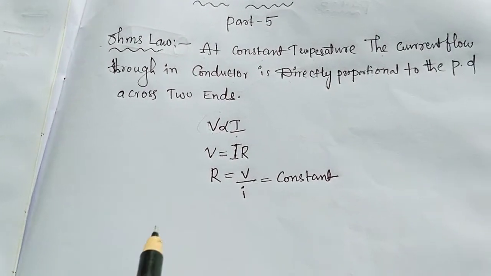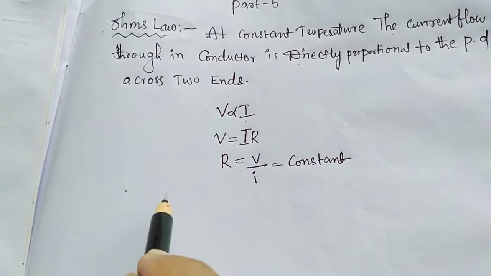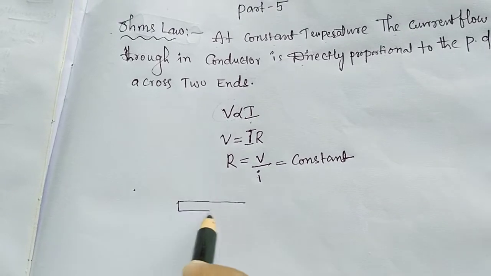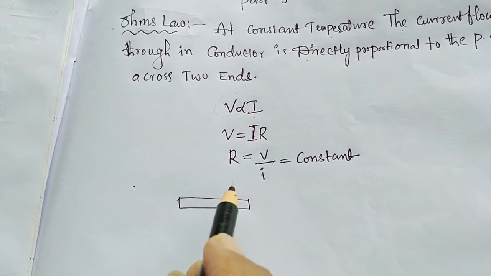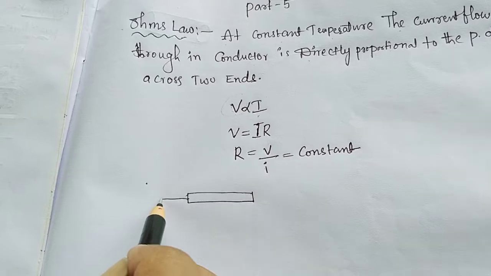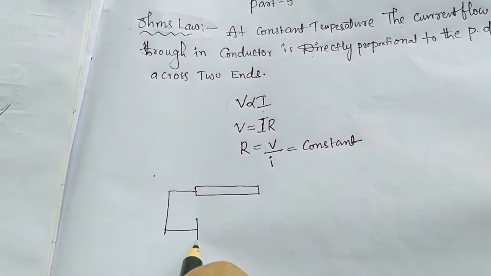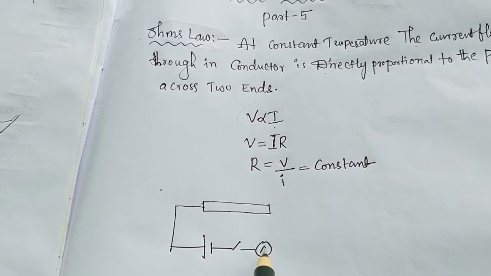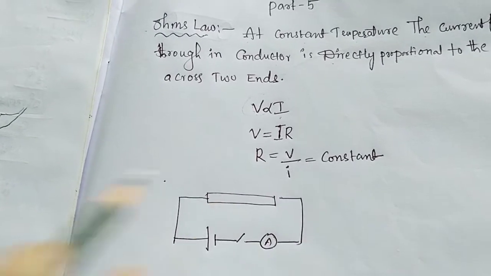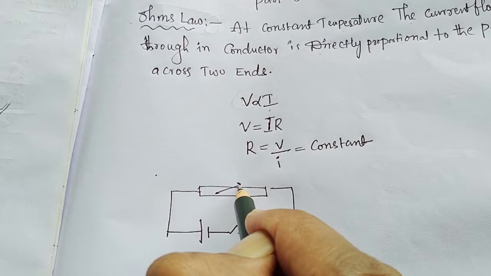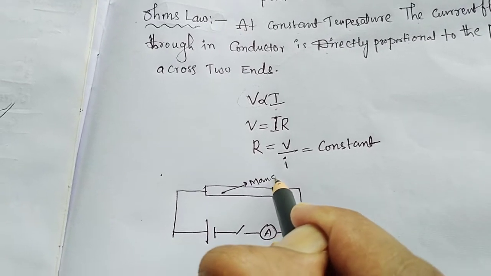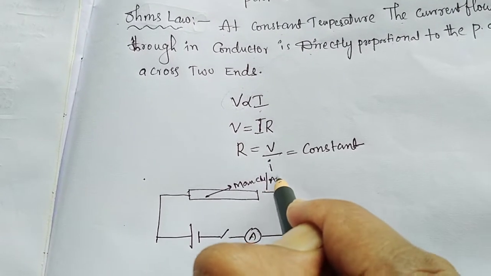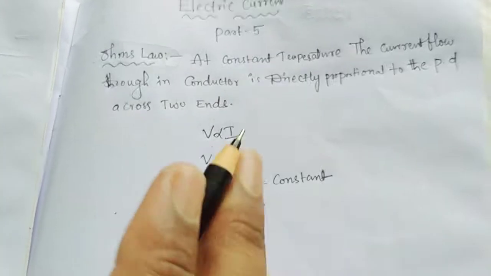So we'll take, for example, manganese or any conductor, a conductor like a metal. Here we are connecting a battery, one switch and one ammeter, and here it is manganese or copper or silver or iron, any one you take.